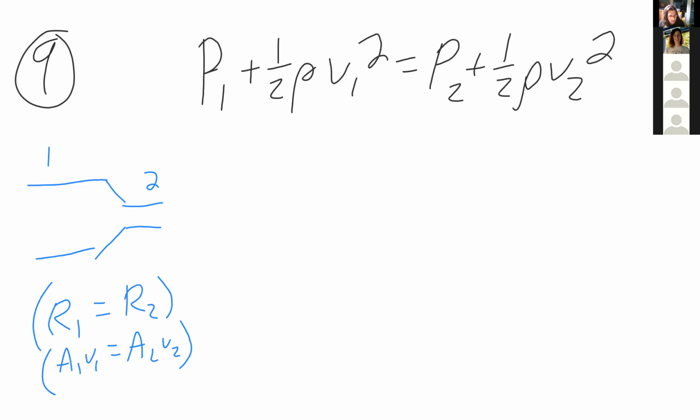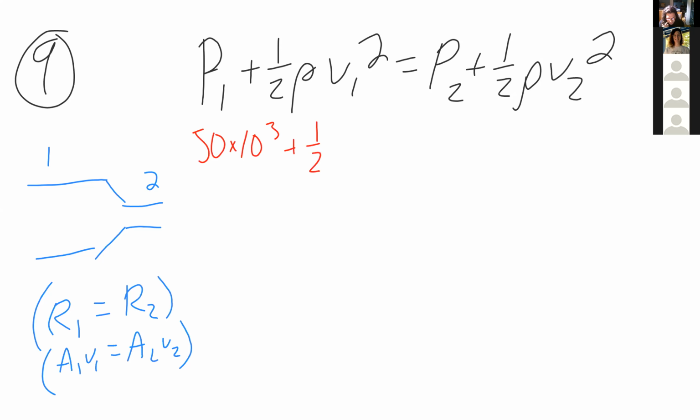Just to give you an idea, I have 50 kilopascals and 40 kilopascals. A kilopascal has to be multiplied by 10 to the third. So I'd have 50 times 10 to the third plus 1/2.